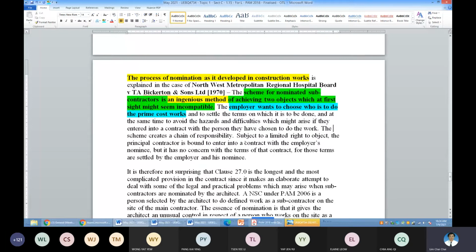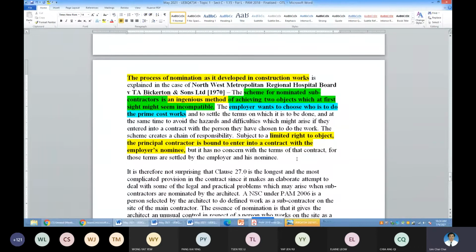But there is a saving clause. The right to object is very, very limited. So what are the rights to object? For example, number 1, technically not sound. Or number 2, weak in financial strength.